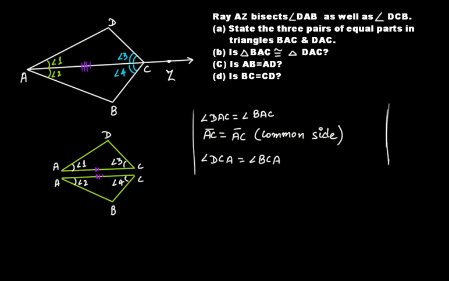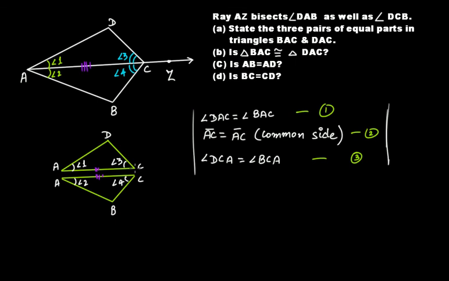Is triangle BAC congruent to triangle DAC? Very interesting thing. Now, from these 3 points, can we see here that actually this angle 1 and angle 2 are equal. This is the common side, and this angle 3 and angle 4 are equal. This AC is actually common, and this AC is the including side of angle 1 and angle 3 and angle 2 and angle 4, right?